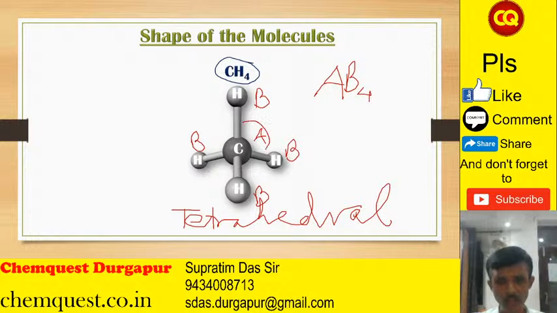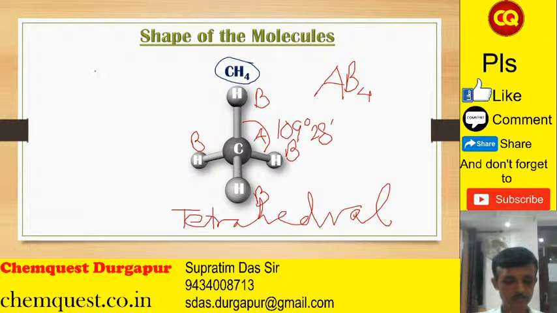Tetrahedral, and the bond angle is 109 degrees and 28 minutes, which is normally known as 109.5 degrees also.